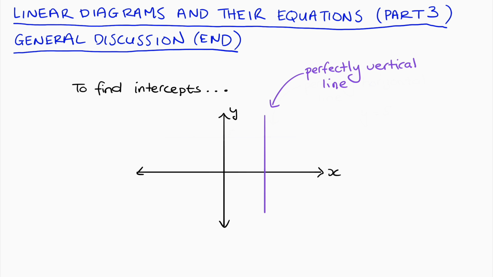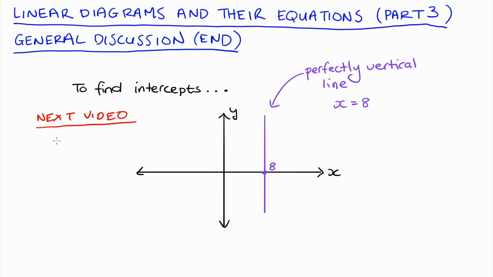Now, if a line is perfectly vertical, it will only have an x-axis intercept or a horizontal axis intercept. And it will be described as x is equal to the intercept. For instance, if we had x is equal to 8, that would look like this. And we interpret this as y can change around and be of any value, but x will stay constant at 8. And that's really it for linear equations, though.